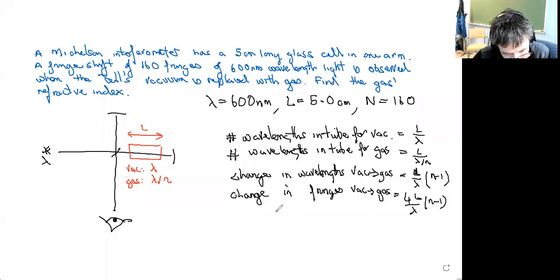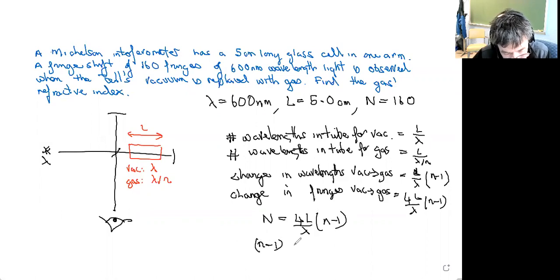So finally, let me write this out as a sort of summary formula of all our arguments that we put together here: the fringe shift that we observe is 4 times the length of the gas cell divided by the wavelength of the light, times n minus 1, the refractive index minus 1. Now, of course, we're interested in figuring out the refractive index.